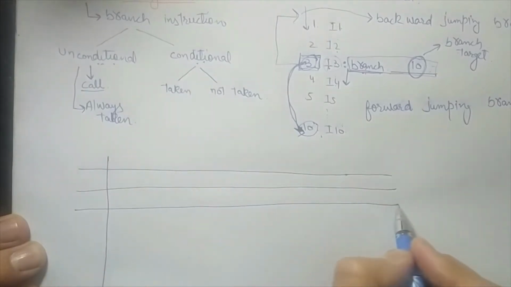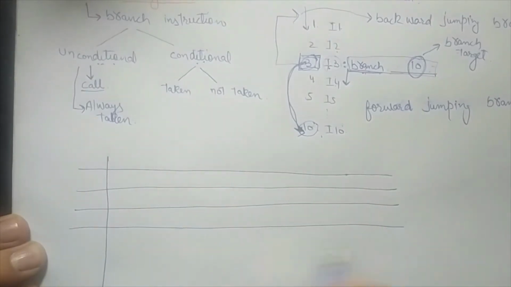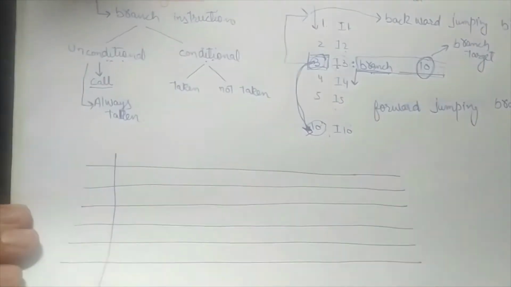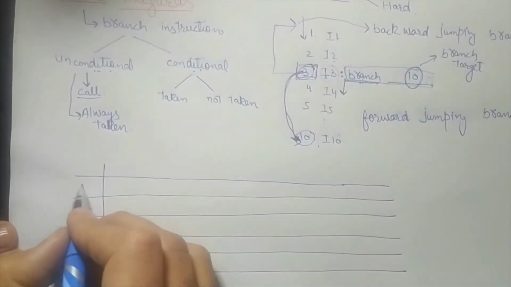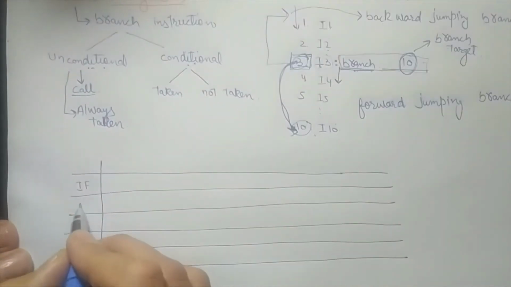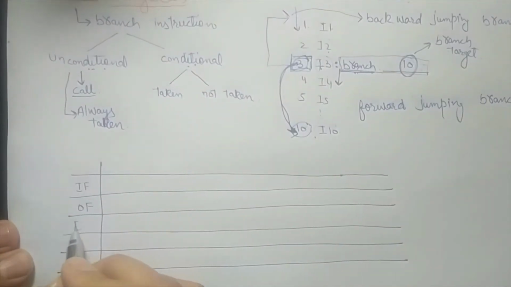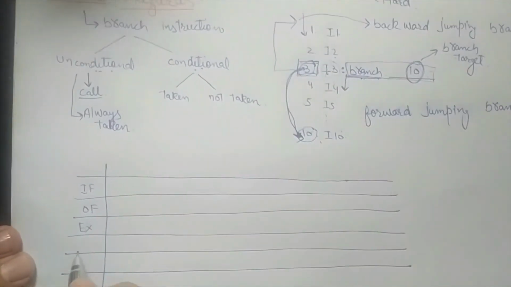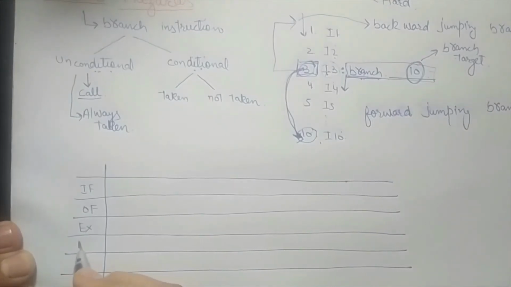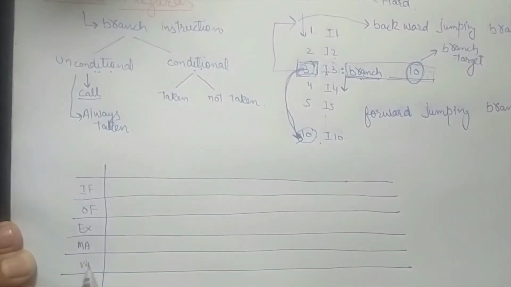Let's make a pipeline diagram. Instruction fetch, operand fetch, execute, memory access, write back.